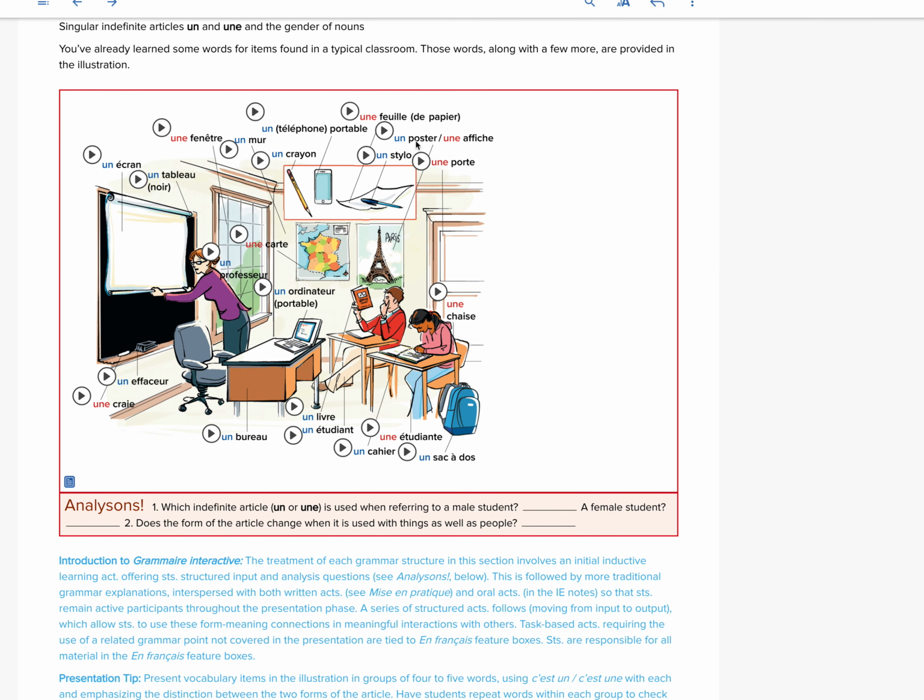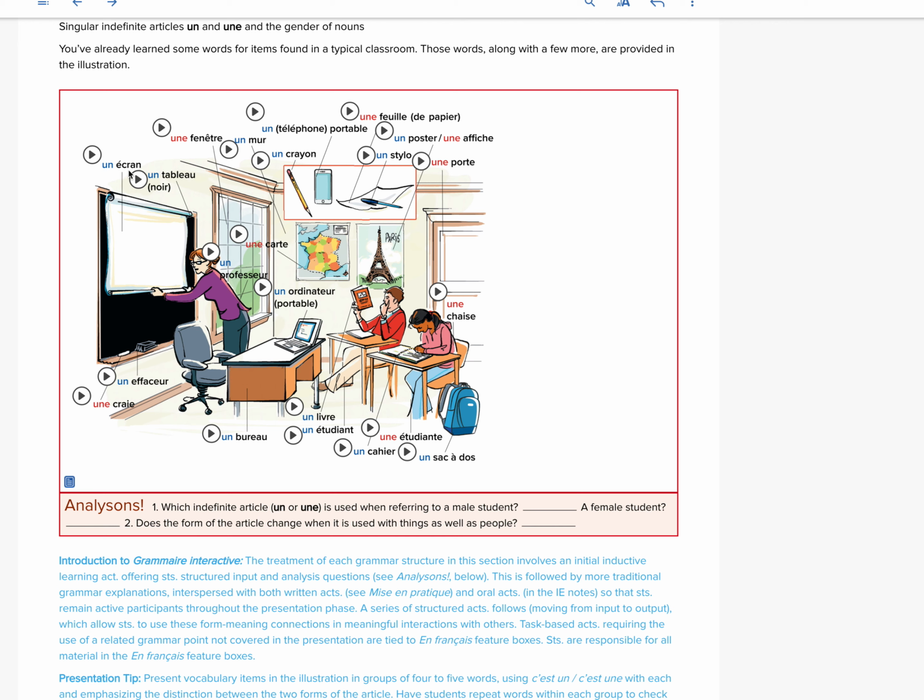As you see, the red is marking a feminine word, and the blue is marking a masculine word. So look at the endings and see what they tell you about how to identify these words. This is the vocabulary for the classroom. So repeat after me.